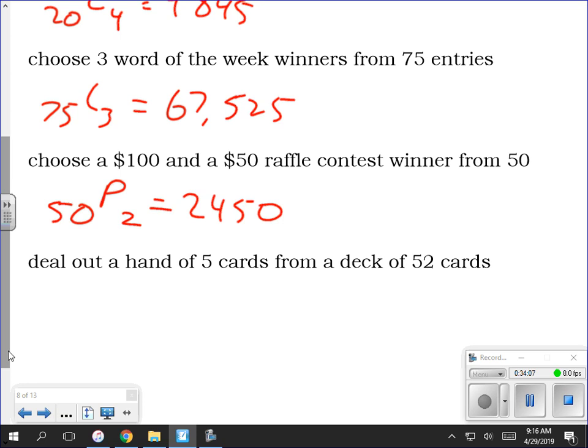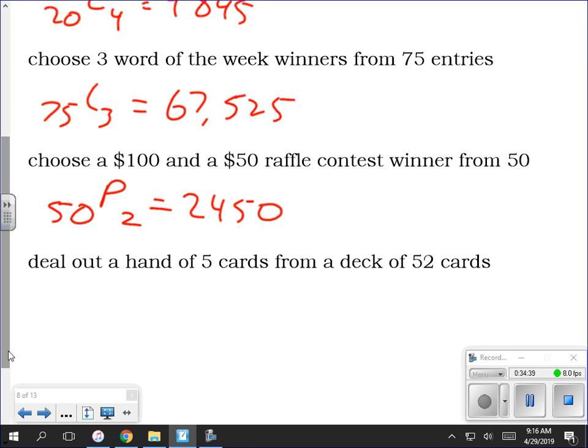And the next one. Okay, you ever play cards, play poker? This is the basic base of every probability in poker. How many possible hands there are altogether. Dealing out a hand of 5 cards from a deck of 52. Does order matter when you're dealing the cards?